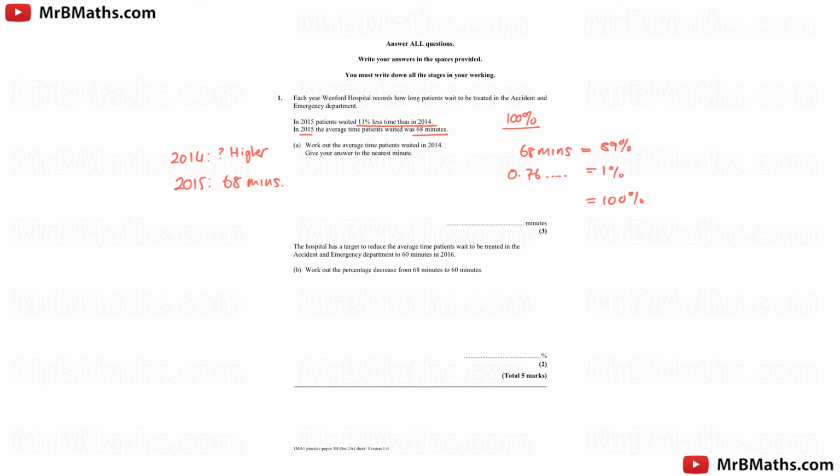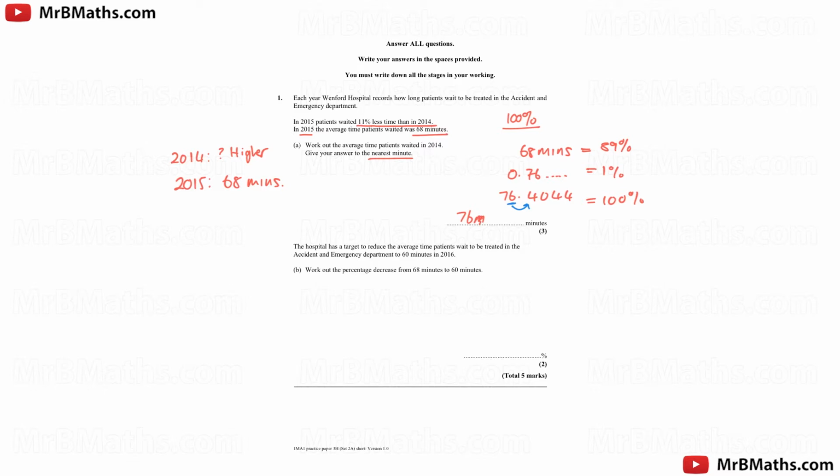So if we times, using the answer function, answer times 100, that gives us 76.4044, etc. Now the question says give your answer to the nearest minute. This here would be the nearest minute. If we look to the right, that's a 4. So our answer is 76. Well, it's got minutes there, so 76 minutes.